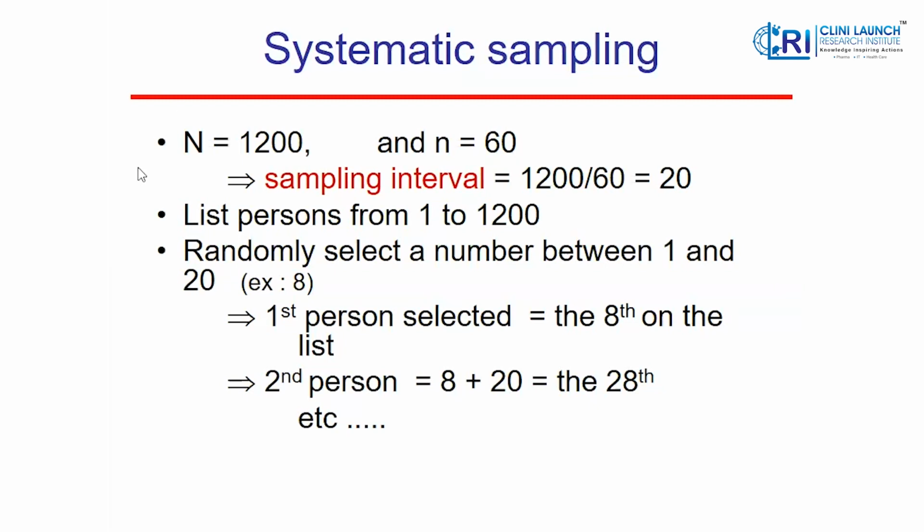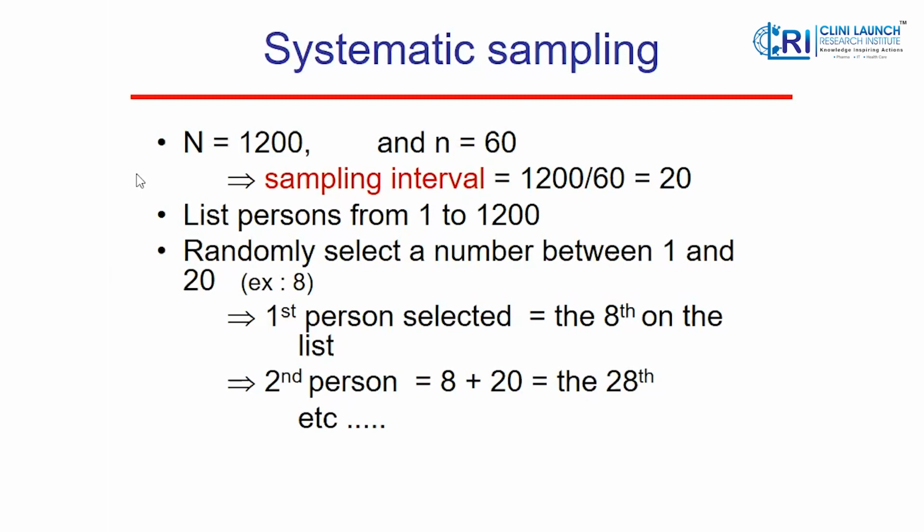Yes. So firstly you have to identify the sampling interval, which is dividing the total population size by the sample size. Once you get your sampling interval, this means that after every this number you have to draw the sample. But the random start number, you can choose randomly between the first to the kth number, which is 20 in this scenario.